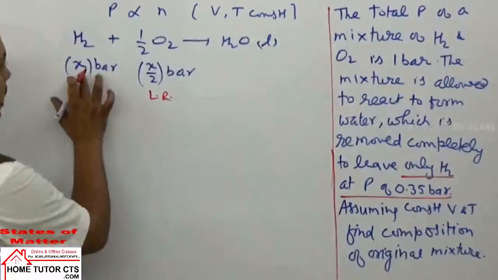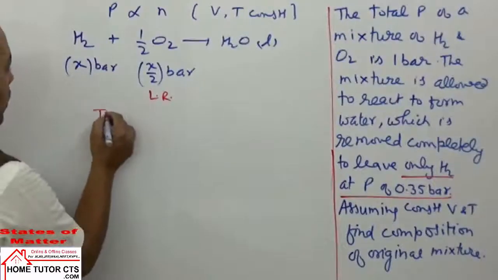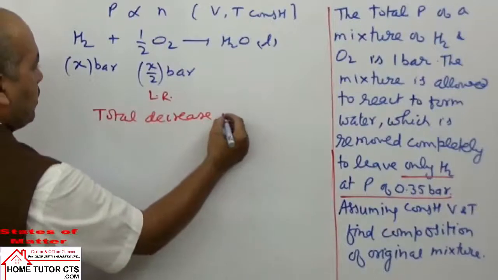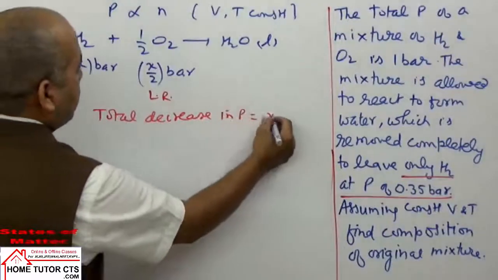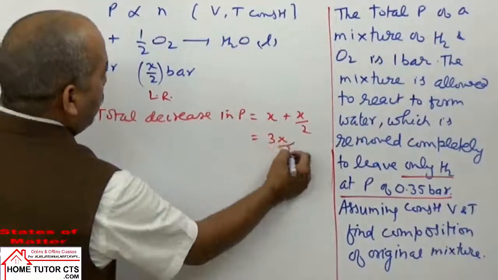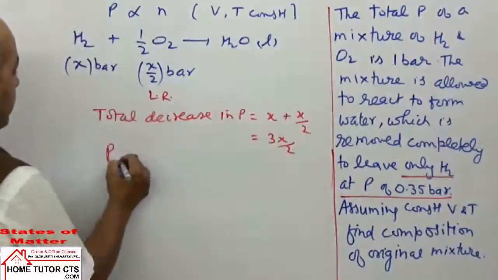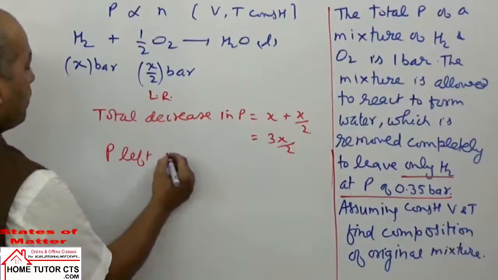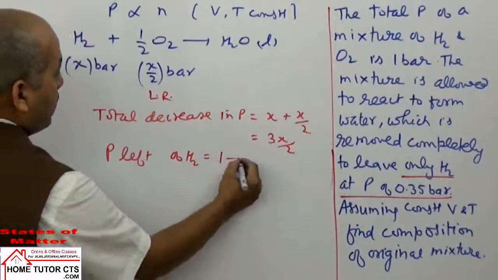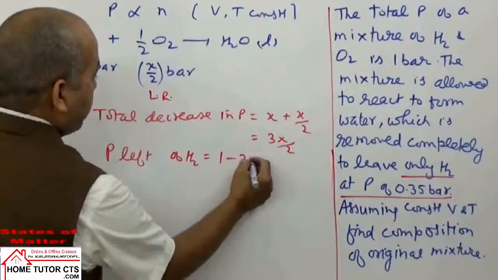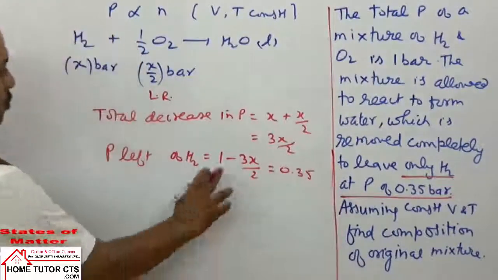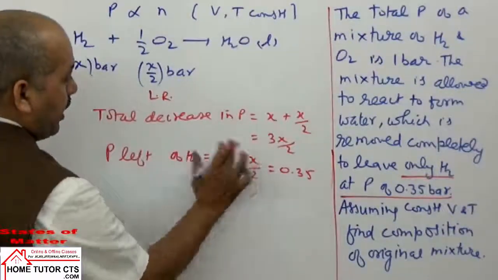The pressure consumed of hydrogen is X. So the total decrease in pressure, which is the amount reacting, is X plus X by 2, that is 3X by 2. Then the pressure remaining of hydrogen, 1 minus 3X by 2, is equal to 0.35. From here we can find the value of X.